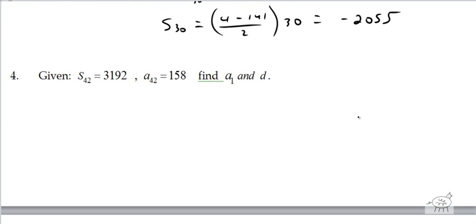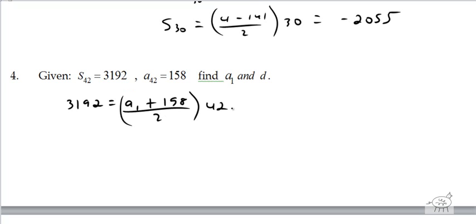Given the sum and a sub 42, find the first term and d. You're given the sum, so you have to use the sum formula. So it's 3192 equals a sub 1 plus the last term, 158, over 2, the average of those, times n, which is 42.